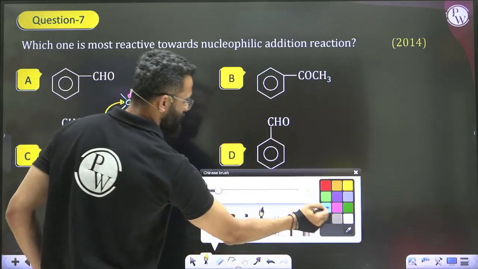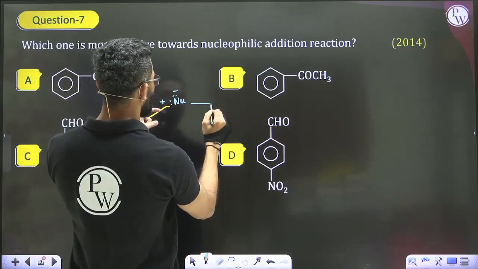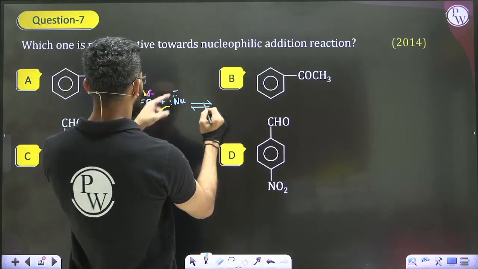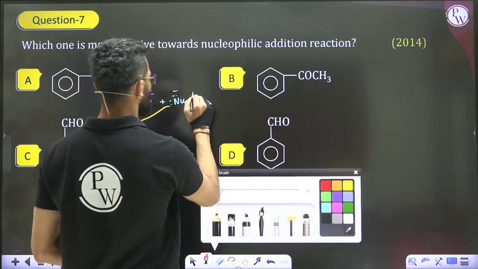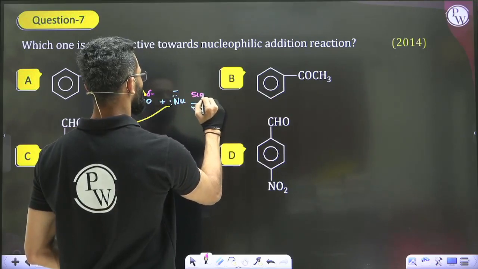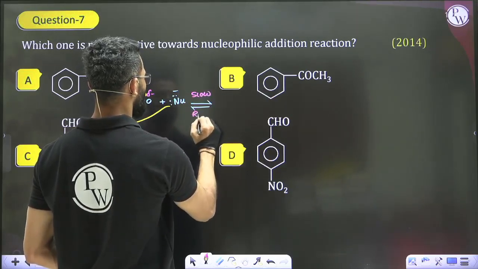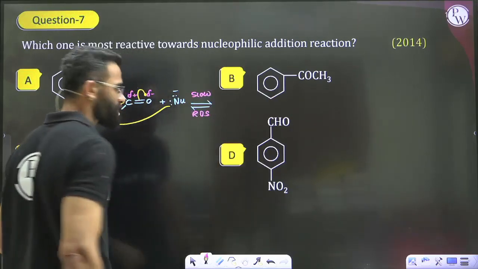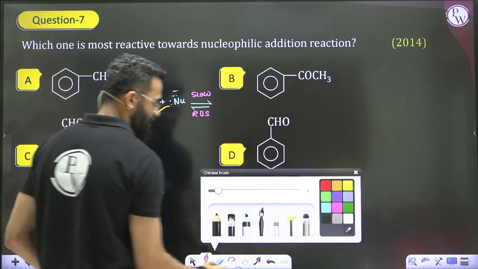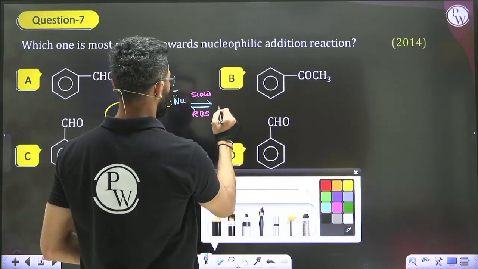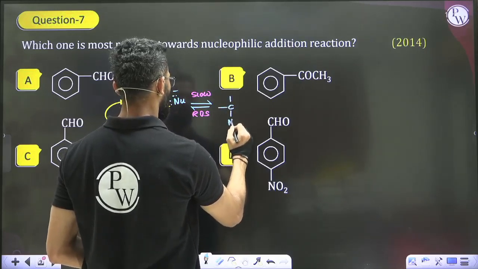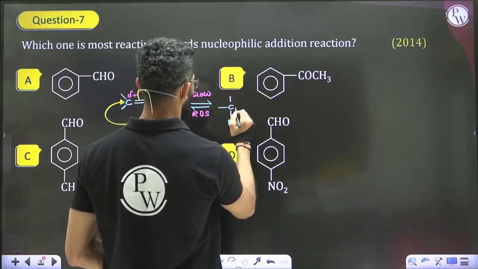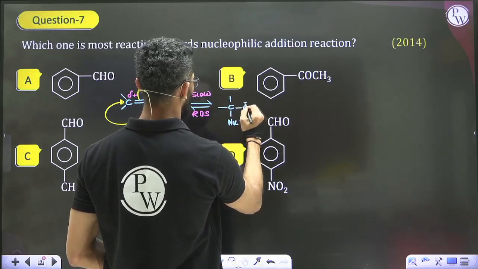This step where attack of nucleophile takes place at the carbon is experimentally found to be the slow step and rate determining step. So as a result of attack, what do we get? Well, we have got carbon with 2 bonds, and now here there will be nucleophilic attack, and we'll be getting a single bond O minus.